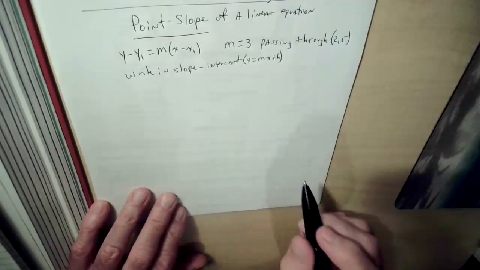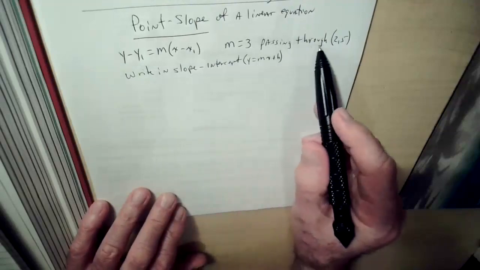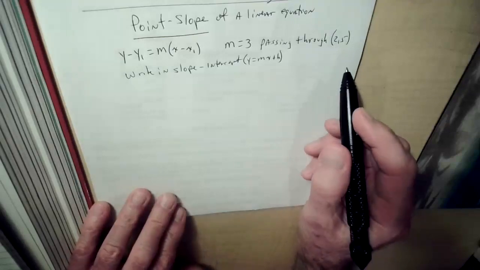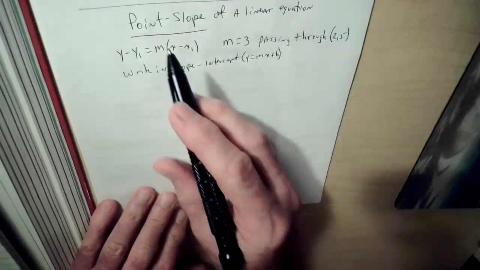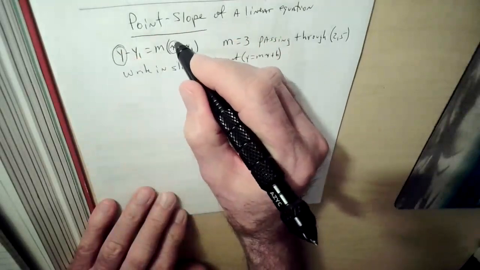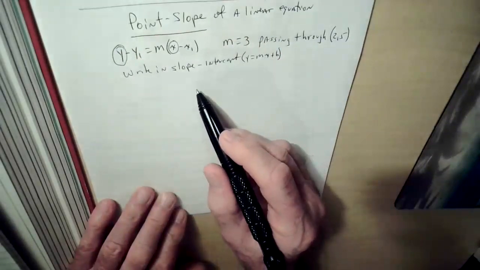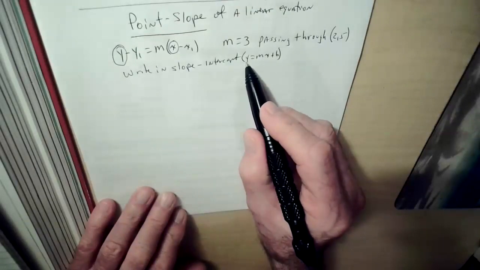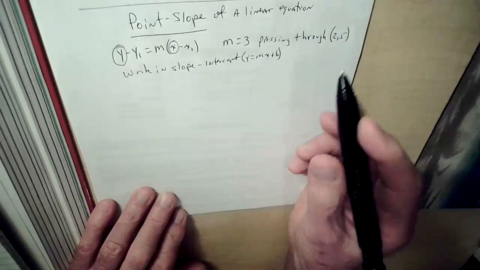Passing with a slope of 3, passing through this point right here. It's very, very easy, I promise. This y and this x stay x and y.